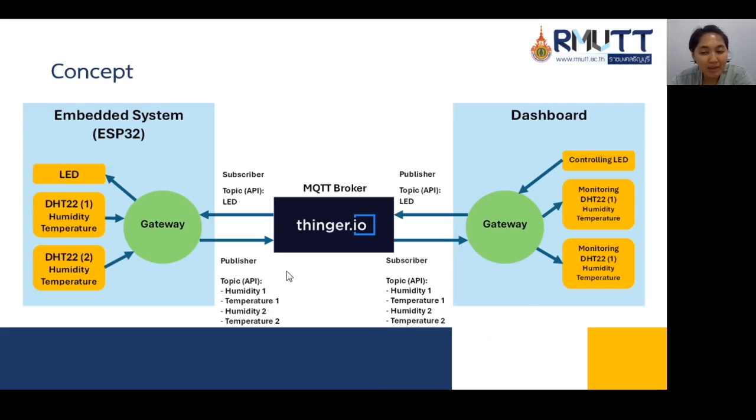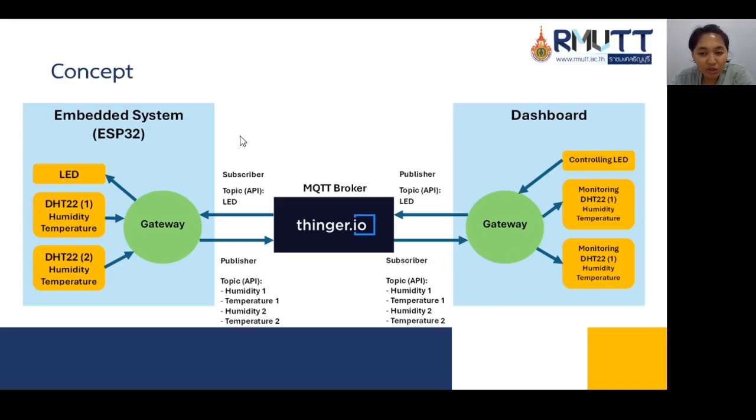In this embedded system and IoT, we also have input as a publisher or similar to transmitter, and then the process for transmitting the data or signal, and then the output as subscriber or similar to receiver. Publisher as input, MQTT broker as process, and subscriber as output.